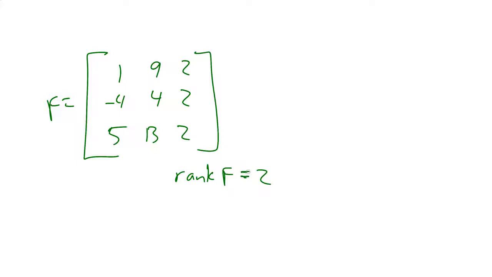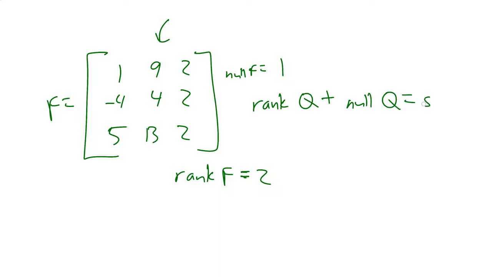So if I asked you, what is the dimension of the kernel here? What is the dimension of the null space? You could tell me that it's 1. And the reason you know that is because the Rank-Nullity Theorem says the rank of any matrix Q plus the nullity of that matrix is going to be equal to the size of the matrix, or some people call it the dimension of the matrix.